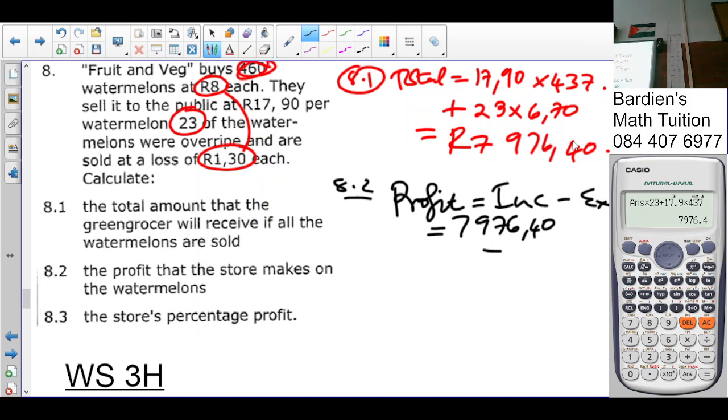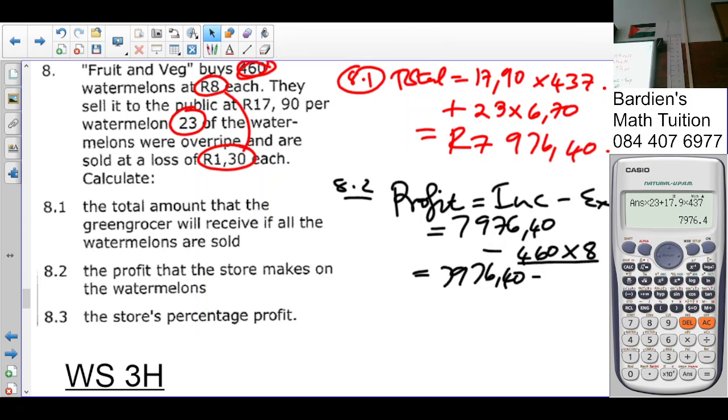It's going to be 460 times 8, you bought it for 8 rand each. 7,976.40 minus 460 times 8, which gives you 3,680.